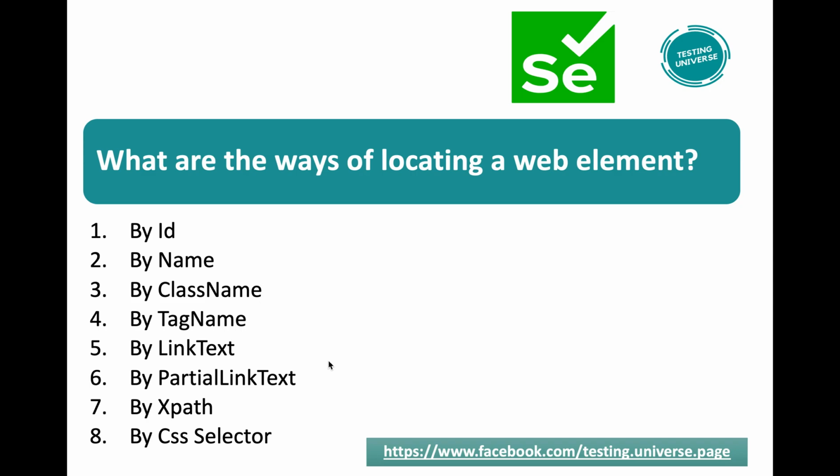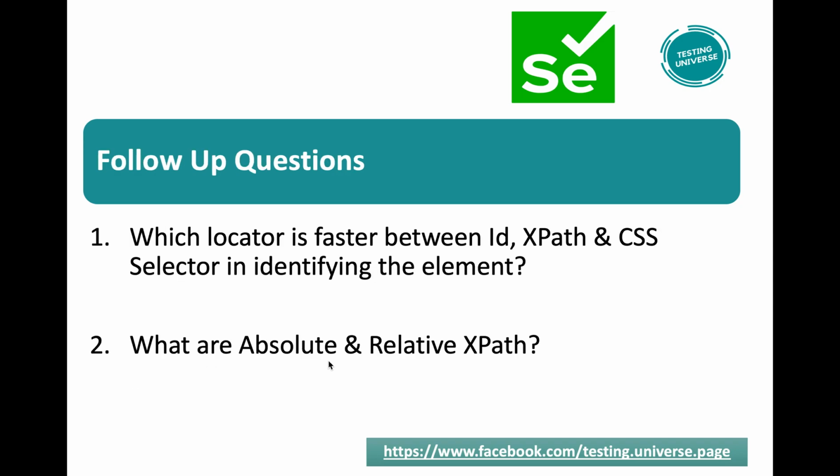The first follow-up question: which locator is faster between id, XPath and CSS selector in identifying the web element? If they ask this, you can answer in a neat way: id is faster than anything, so the fastest locator is id.